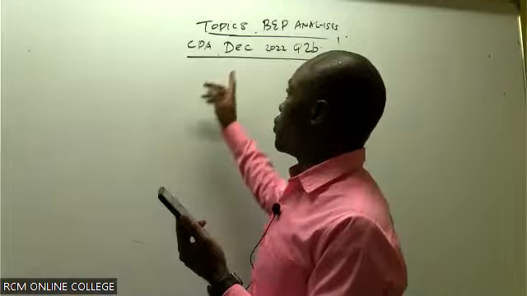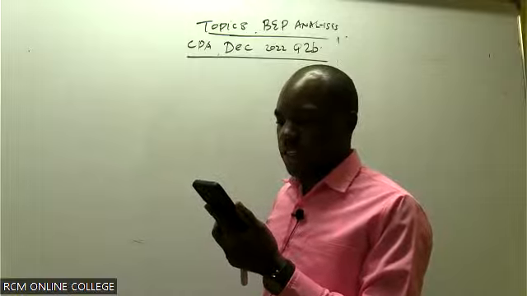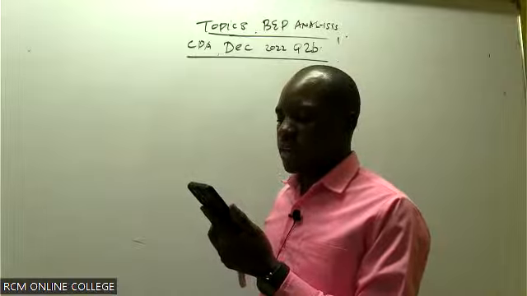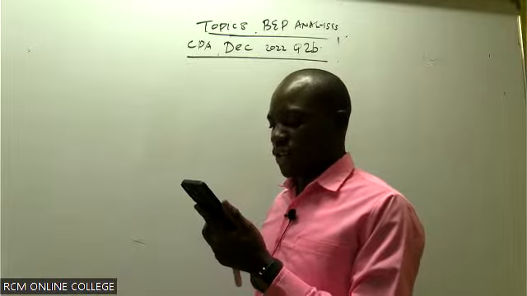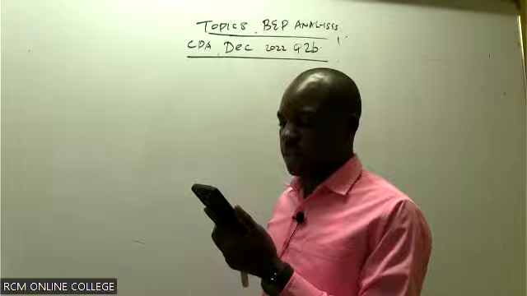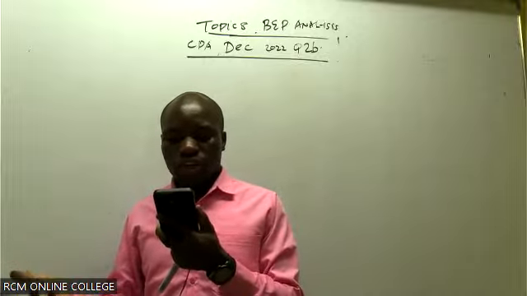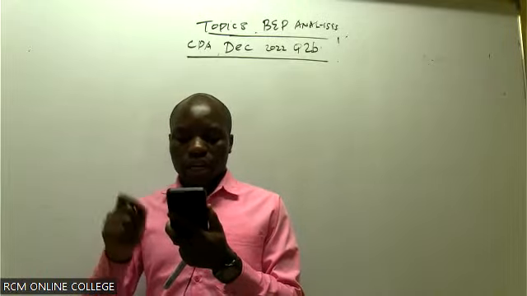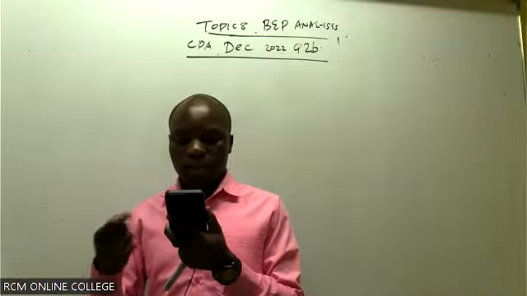So December 2022 CPA question number 2B, we are being told that Lengo Limited manufactures and sells 2 products, L and G, to a number of customers. The company is currently preparing its budget for the year ending 31st of December 2023. The cost, selling prices, and demand units details for its 2 products are as follows. We have product L and G. Selling price per unit, variable cost per unit entails direct material Q, direct material T, direct labor, overhead, that is variable overhead.